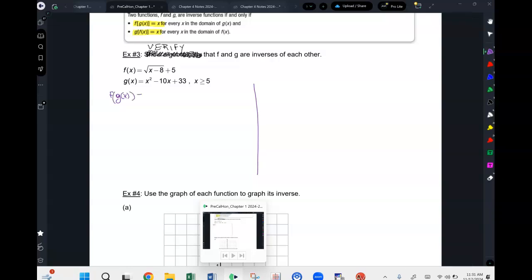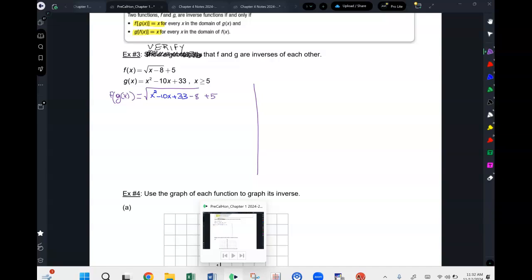So let's do that. This is the square root of x squared minus 10x plus 33 minus 8 plus 5. And when it says verify, don't lose hope, okay? Remember, the math is bigger than you. So trust in the math and power through.